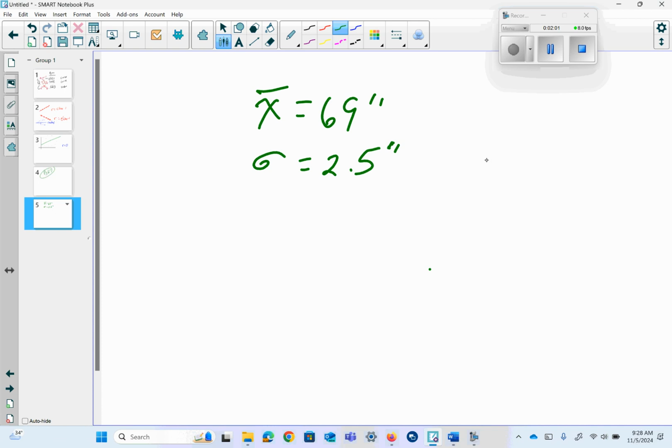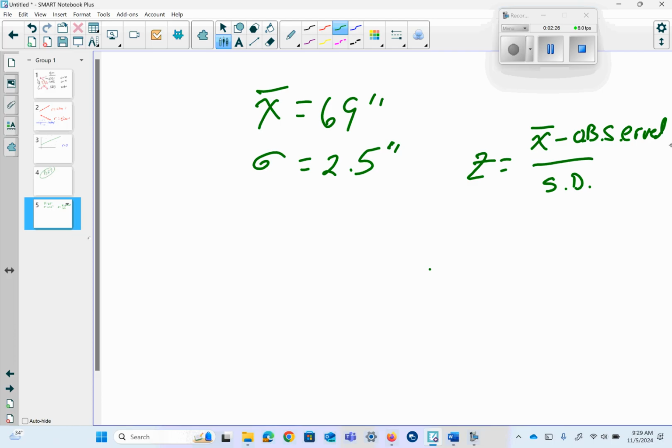Okay, so does anyone remember what the z-score equation was? I know it's over standard deviation. What was it? Was it mean over observed? Was it that?